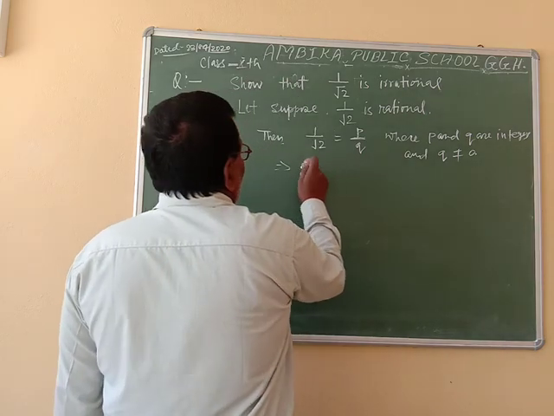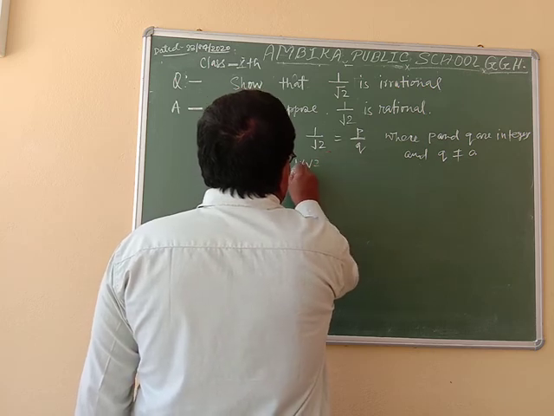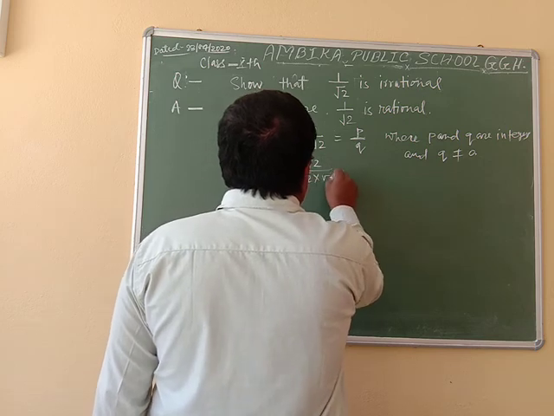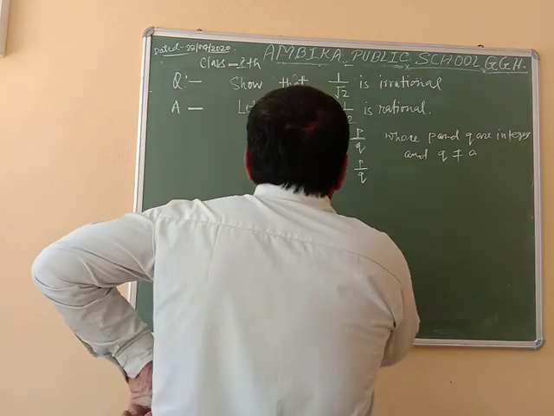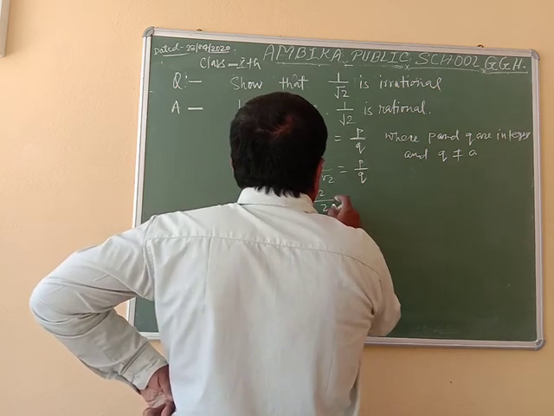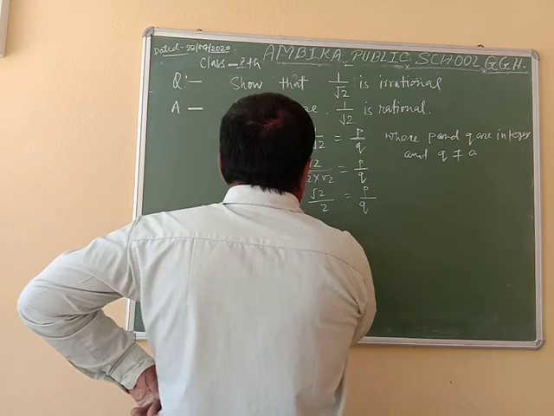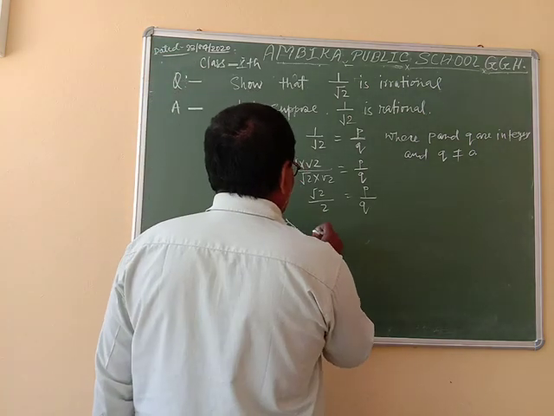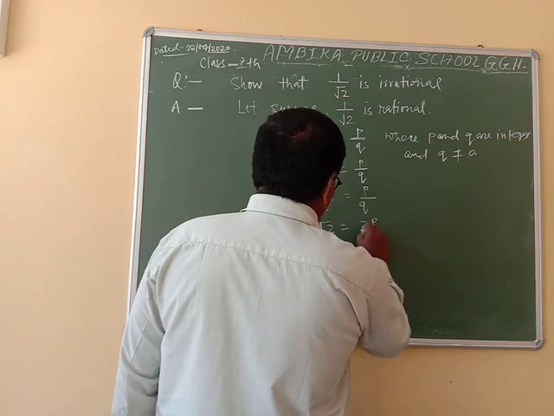So 1 into root 2 by root 2 into root 2 is equal to p by q. Root 2 by 2 is equal to p by q. Root 2 equals 2p by q.